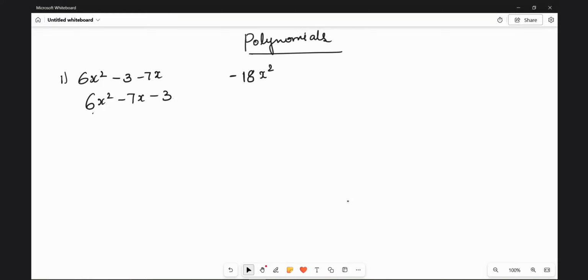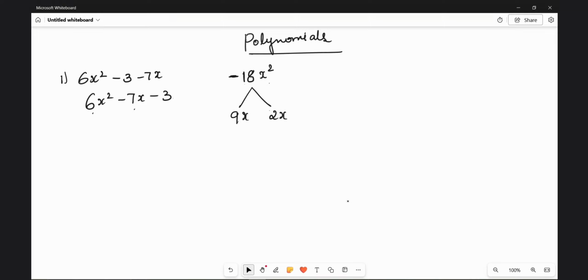I have to split this into two factors such that if you subtract, you should get 7x. If you multiply, you should get 18x square. Factors of 18. So 9 and 2 I can take. 9x and 2x, and remember here it is minus, so one term will be plus, other will be minus.